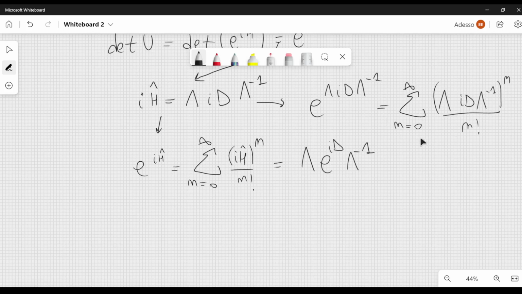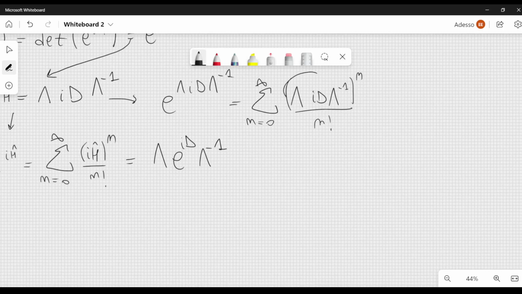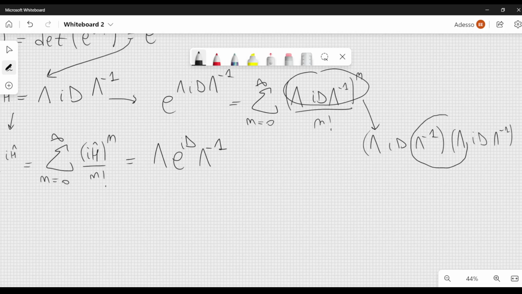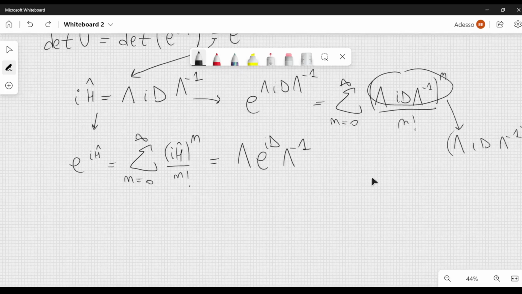But now, if you write all these products, lambda iD lambda inverse multiplies lambda iD lambda inverse, and so on and so forth, n times. You can see that in the middle all these terms will cancel, so they will give the identity operator.